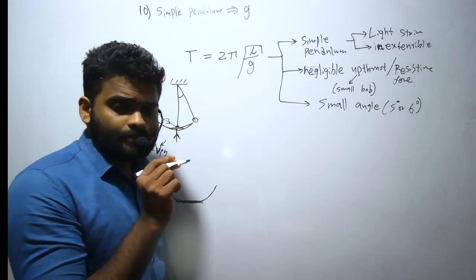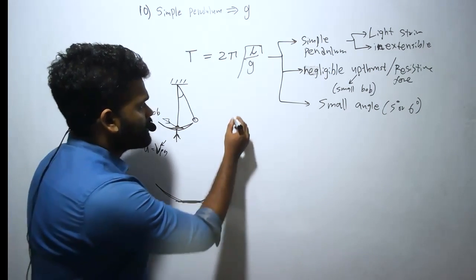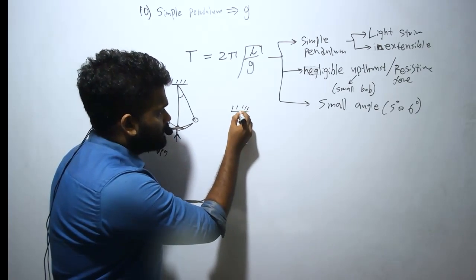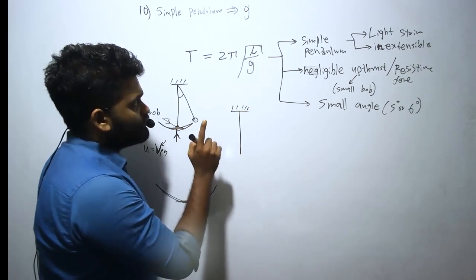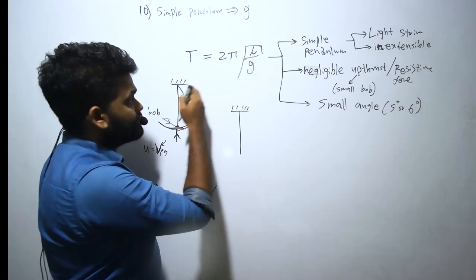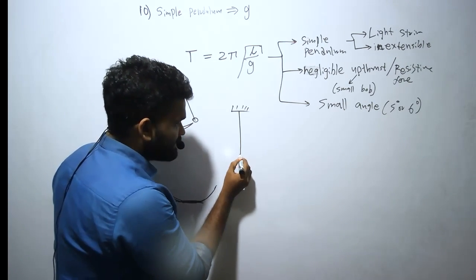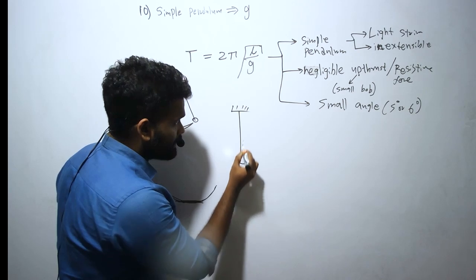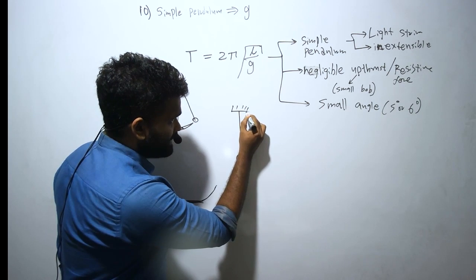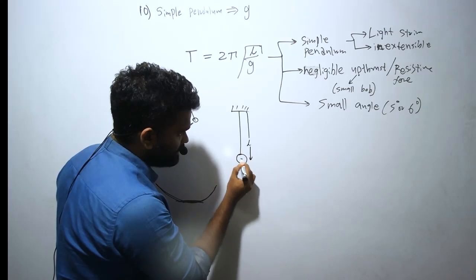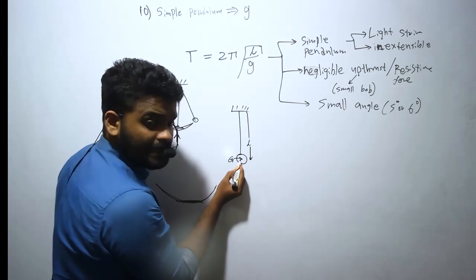There is another important fact, right? These are the questions they ask in the exam. So here, this length is not just the length of the string. This length is what? Length from here to here, actually, to the center of gravity of the bob.